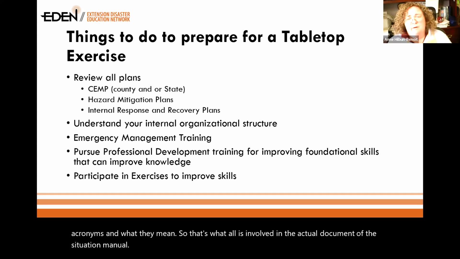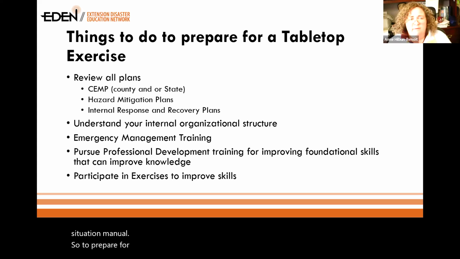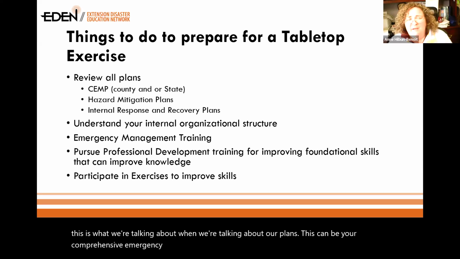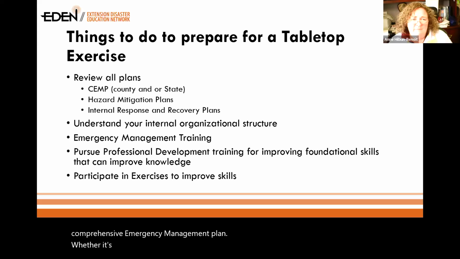So to prepare for the tabletop exercise, it's real easy for me to say, review all plans. Well, this is what we're talking about. When we're talking about our plans, this can be your comprehensive emergency management plan, whether it's a county plan and or a state plan.